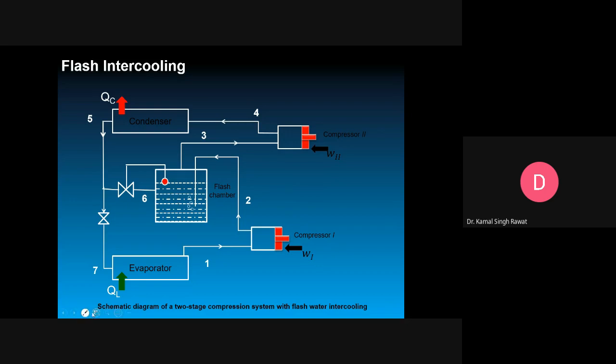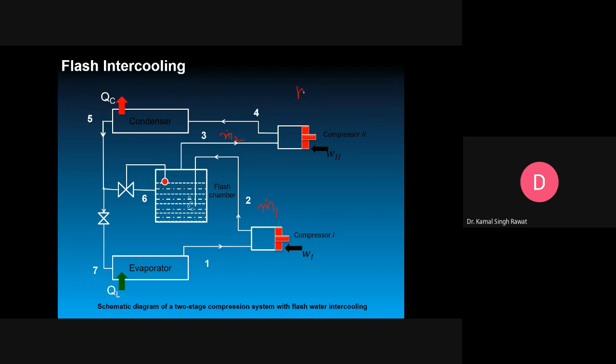So compressor 1 is dealing with a mass flow rate of m dot 1. When this superheated vapor bubbles through this flash chamber, some extra vapor is generated. So the mass flow rate entering the second compressor is slightly higher than m dot 1, and we denote it m dot 2.